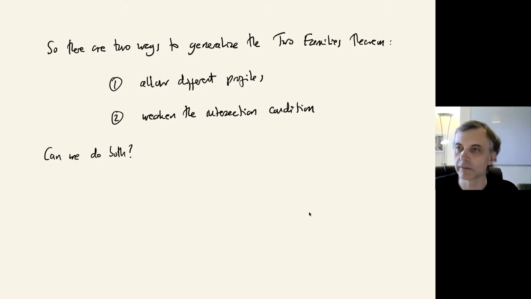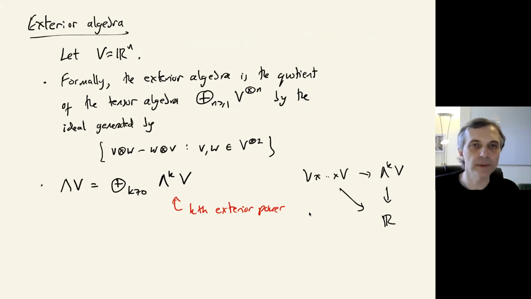Is there some generalization that has both these properties? Actually, this was the starting point in our search. We were trying particularly to push the exterior algebra method to see if more could come out of it.